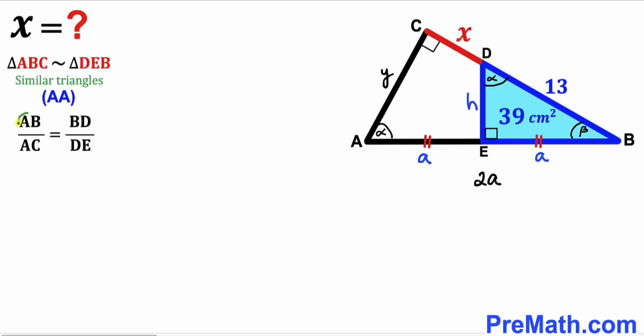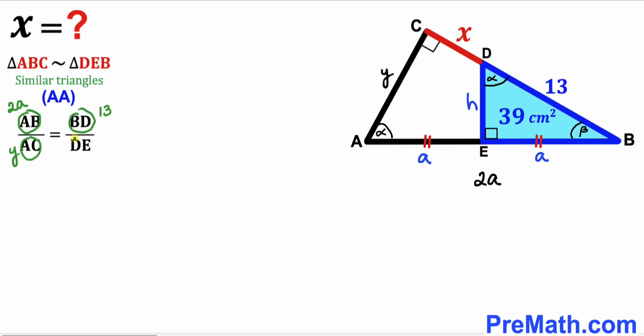And here we can see this AB length is 2 times A, so I'm going to replace that with 2 times A over here. Our AC length is being represented by Y, so I'm going to just write down Y over here. Our BD length is 13, so I'm going to replace that with 13.